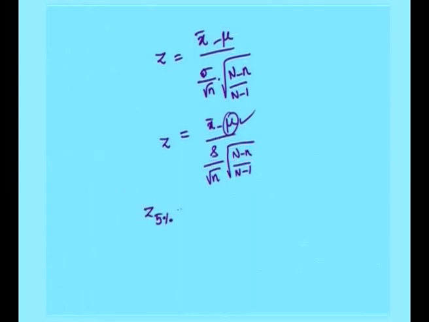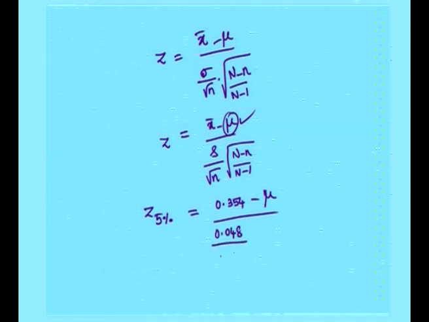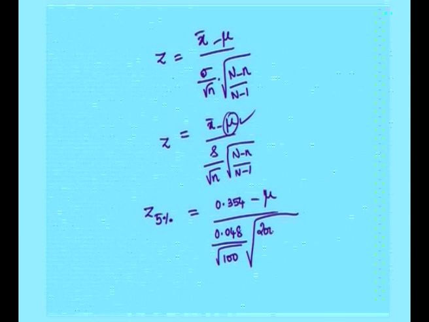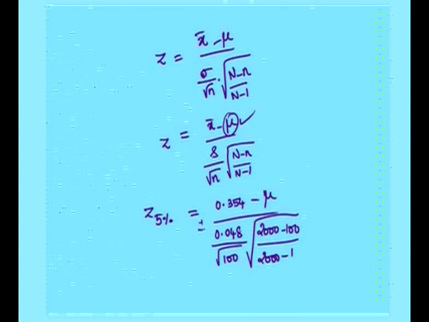Z at 5% is equal to x bar, 0.354, minus mu divided by S, 0.048 by root of 100, into root of capital N, 2000 minus 100, divided by 2000 minus 1. Okay.